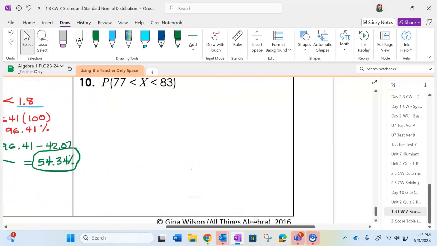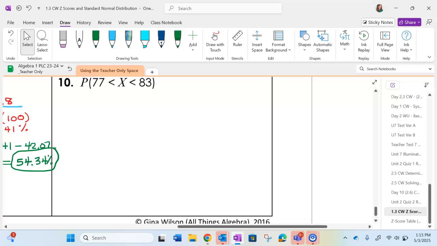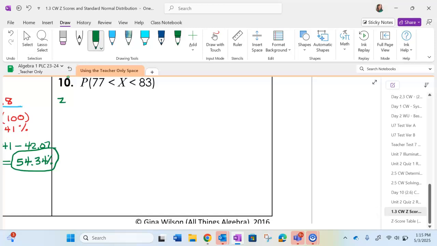Except for this one, I don't have the z-scores yet, so we got to find them for both. So let's do the first one. So we know it's going to be z is greater than something. So we're going to find that z-score using the 77 minus the mean divided by the standard deviation.